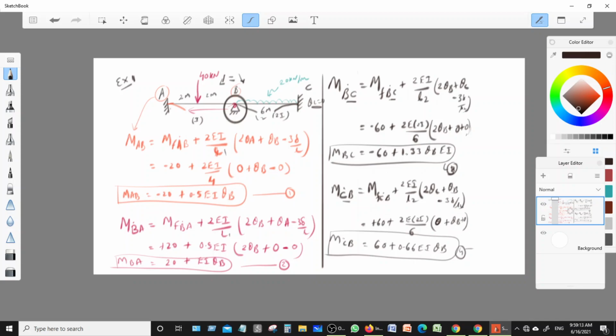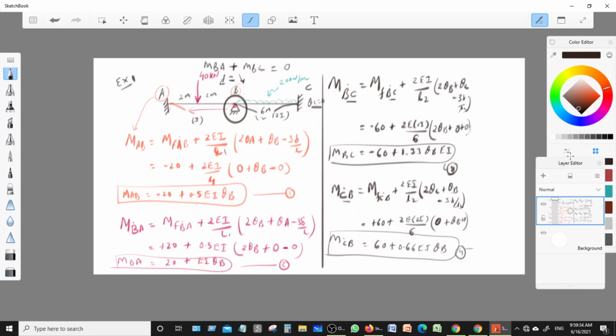Both will be equal, so indirectly moment BA and moment BC will be the same, but the sign will be different. So the moment at B for span AB plus the moment at BC will be 0.